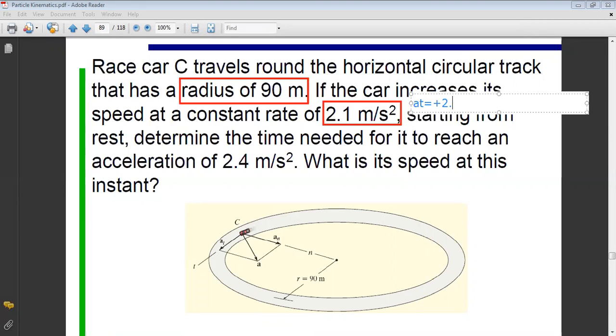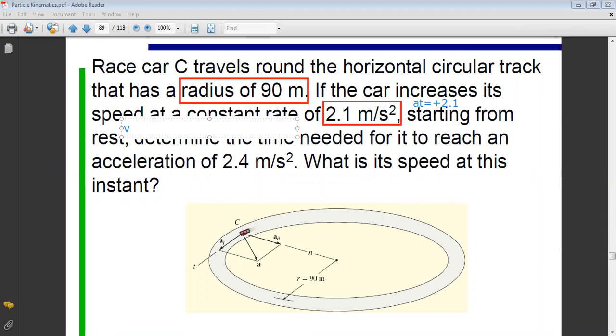Now, since my system starts from rest, from this sentence we can say that V0 is equal to 0. Determine the time needed for it to reach an acceleration of 2.4 meter per second square. This represents what? This is the total acceleration.